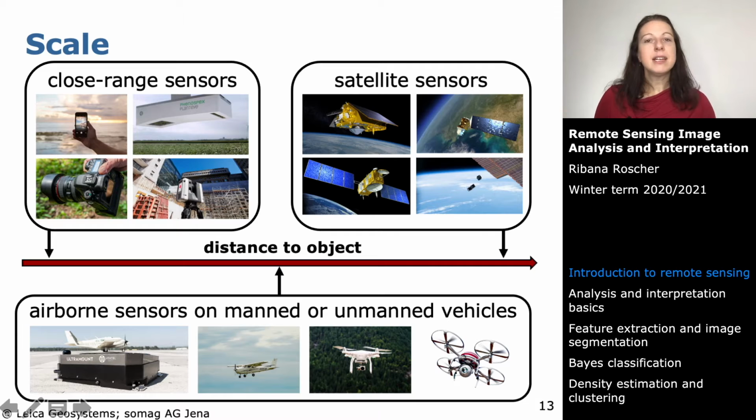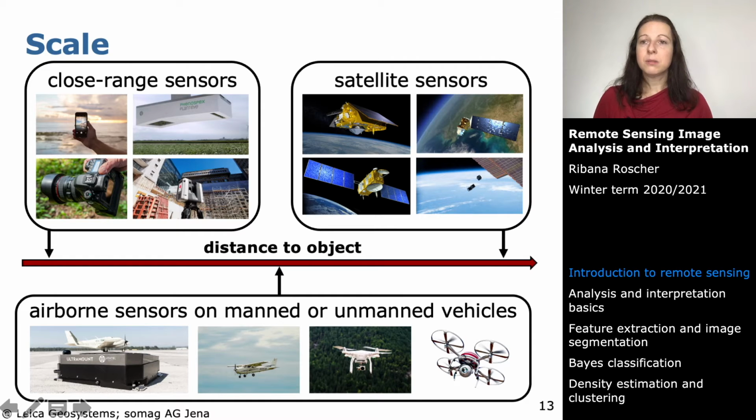But these aerial sensors are used quite often in remote sensing, and these UAVs are also used, for example, in agriculture, or when you have disasters, because this drone can fly over specific regions where it would be too difficult to go to, and you can get a good impression about what is going on in the specific area.